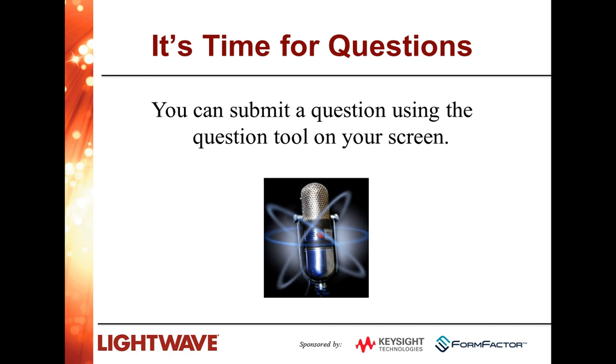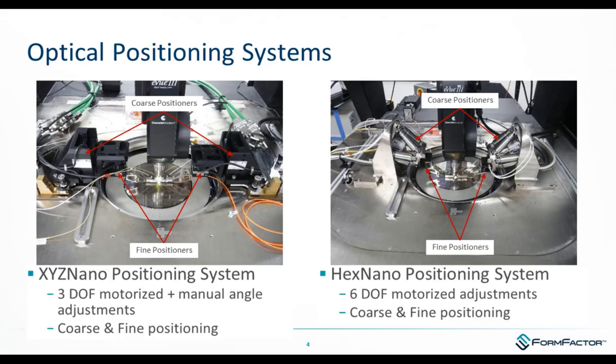Sure. The XYZ Nano has a 3-axis XYZ motor stage and a 3-axis XYZ piezo stage. So you can adjust your fiber angle by changing out the fiber holder, because we have an array of different designs for that, depending on if you need a 6 to 20 degree fiber angle.